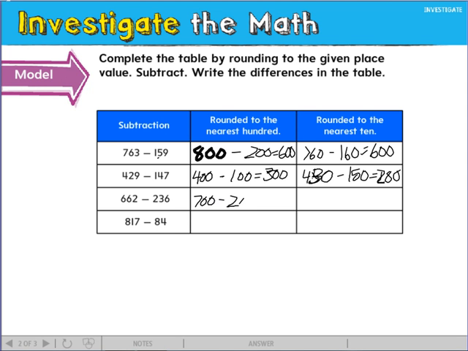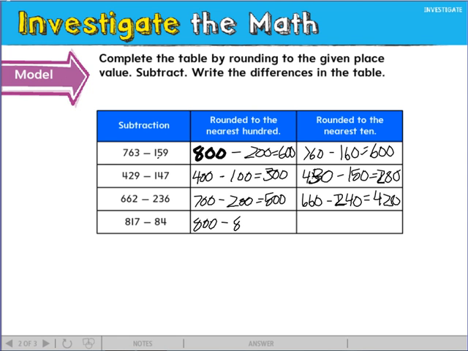Subtract 236, which is 200, which equals 500. And then we have 660. 660 subtract 240 equals 420. 420.